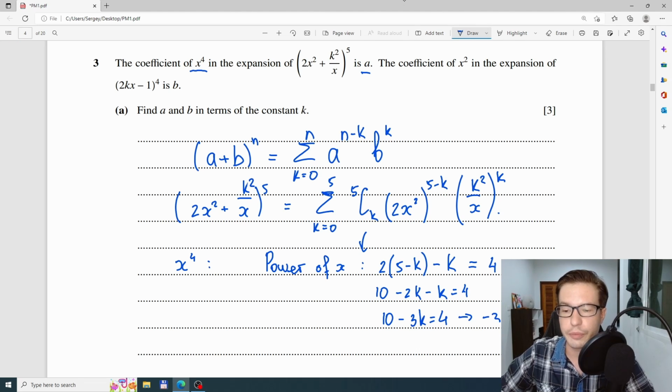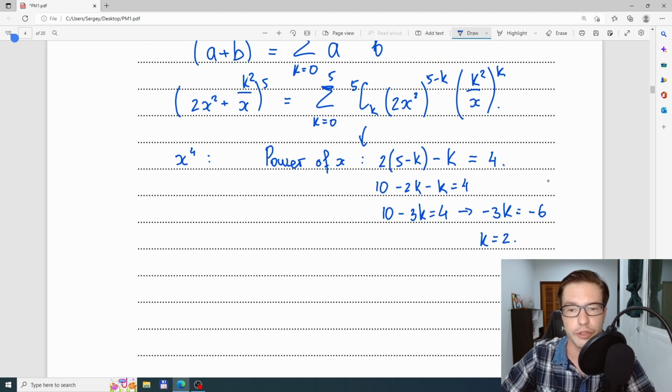That's a very simple equation. Minus 3k equals minus 6, so k equals 2. So that means when k equals 2, the formula will give us the coefficient of x to the power 4.